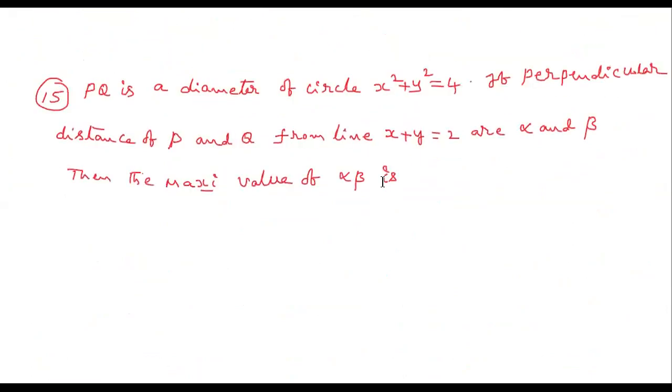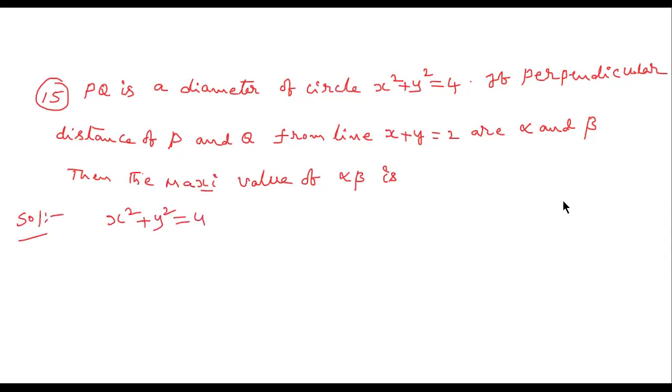See the question. PQ is a diameter of the circle x square plus y square is equal to 4. If the perpendicular distances of P and Q from the line x plus y is equal to 2 are alpha and beta, then the maximum value of alpha beta is... See, what is the given equation? x square plus y square is equal to 4.